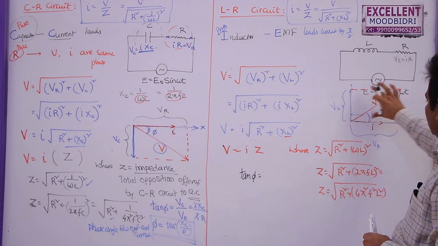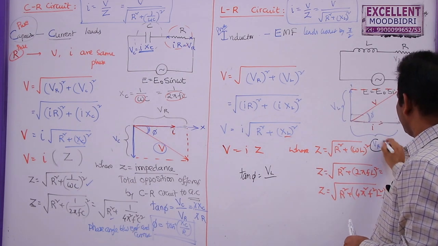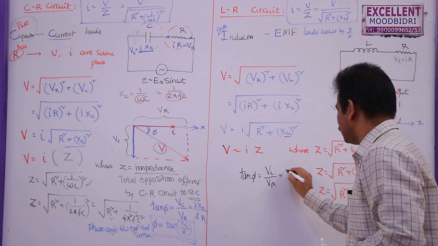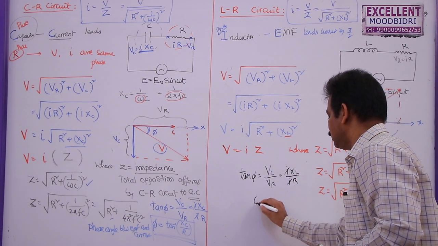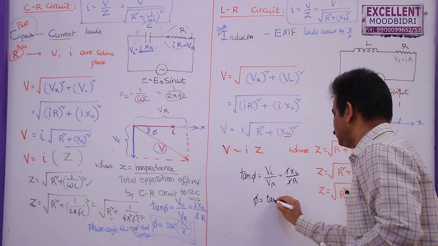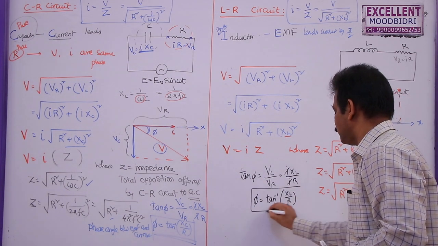The opposite side is VL and the adjacent side is VR. So VL is I into XL by I into R, cancel. So the phase angle between these two is equal to tan inverse XL by R.